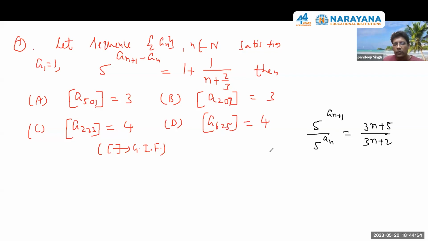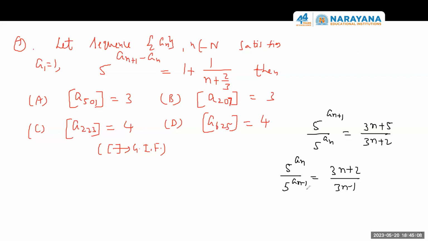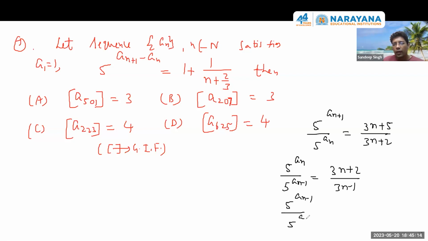So if I keep on doing this, I will write 5 power an upon 5 power an minus 1, replacing n by n minus 1, equals 3n plus 2 upon 3n minus 1. Keep on doing this: an minus 1, an minus 2, this will be 3n minus 1 upon 3n minus 4.